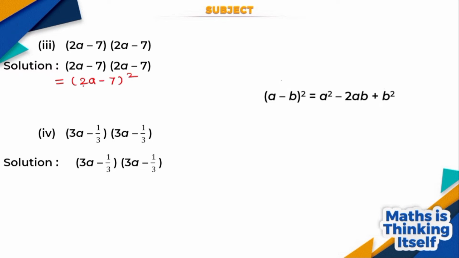Now compare with this identity, and we get a = 2a here and b = 7. Now applying the identity, you get (2a)² minus 2 times a, that is here 2a, multiplied by b, which is 7, plus 7², then (2a)².